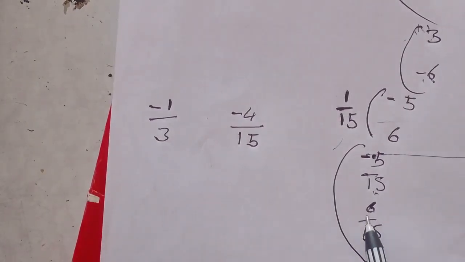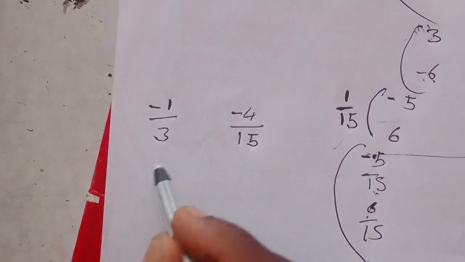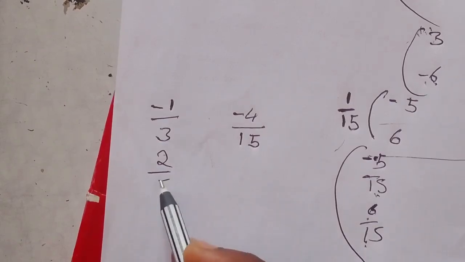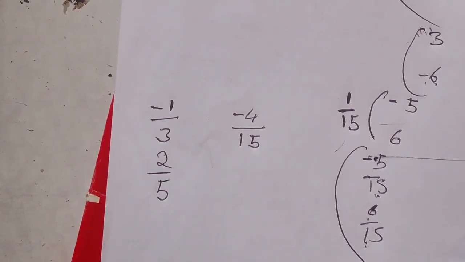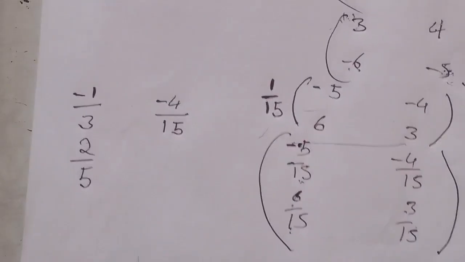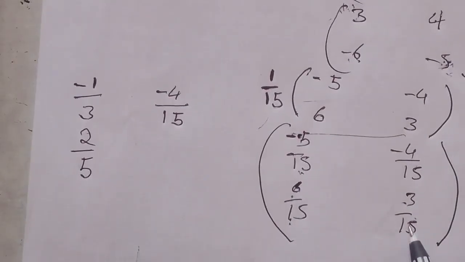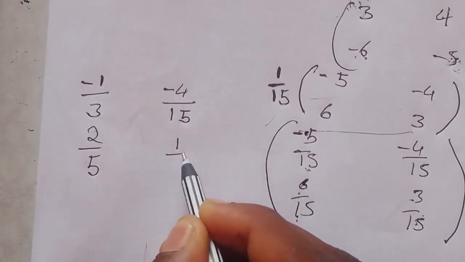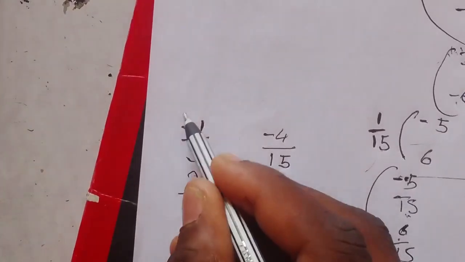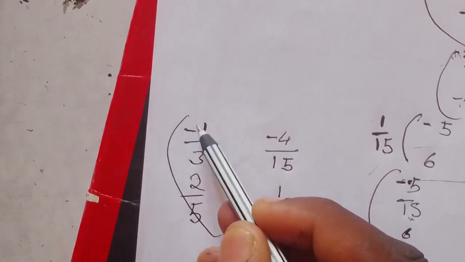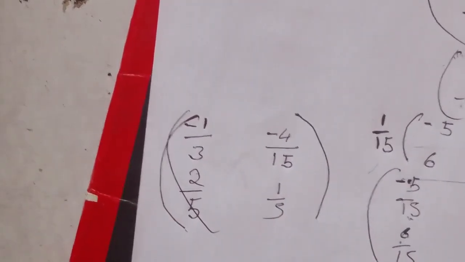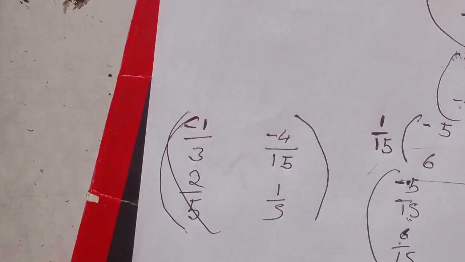So 3 can go into 6 2 times, and it can also go into 15 5 times. 3 into 3 will give you 1, 3 into 15 will give you 5. So we have 1 over 5. So this was the inverse of Q.